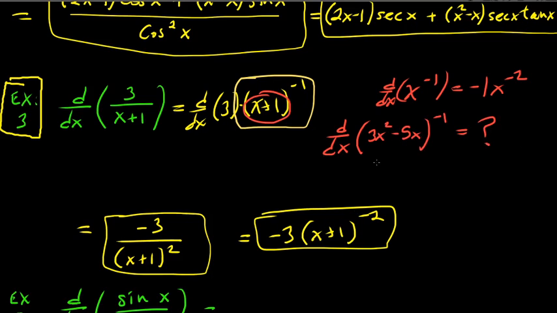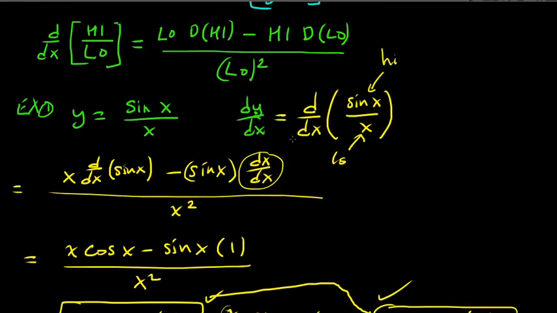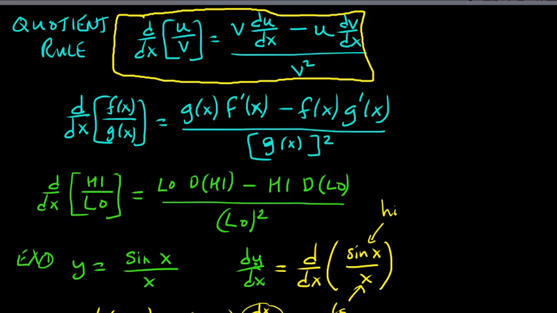Right? You might think you do, but this one's a little bit more complicated. So I know that this is just x plus 1 in here instead of 3x squared minus 5x, but it's the same principle. Okay, so yes, you will be able to do this after the next section, but not yet. We're not there yet. Okay? Right, so that's the quotient rule. So we have product rule, we have quotient rule. Make sure you know those.